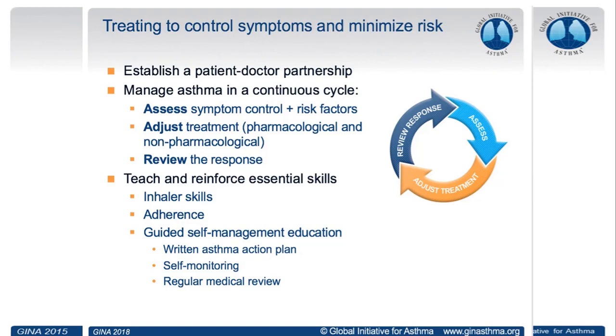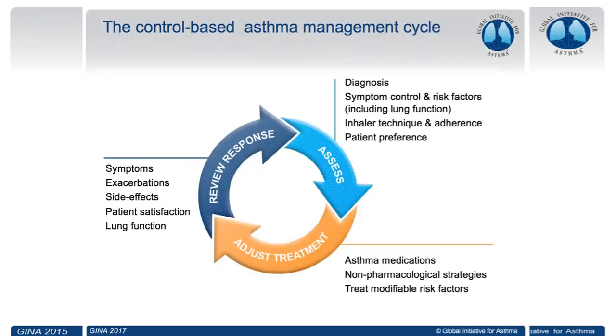Assess, adjust and review. Always at follow up, treat to control symptoms and minimize risk. Always assess the symptom control plus the risk factors, adjust the treatment, pharmacological and non-pharmacological, and review the response. In control-based asthma management: diagnosis, asthma symptoms, control, risk factors including lung function, inhaler technique very important.